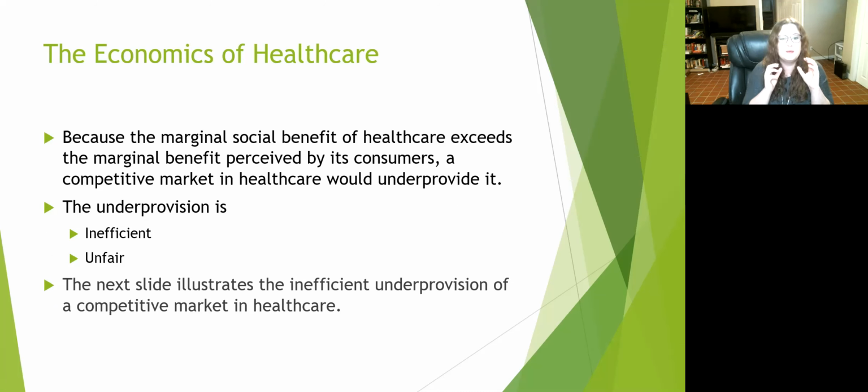There's going to be some people on the fringe who can't quite afford it, who don't quite understand their risk, whose society would be better off if they did have it. So there's an underprovision, and this underprovision might be inefficient because society could be better off, and it might be unfair because it could isolate people who are either aged or have long-term health outcome problems.